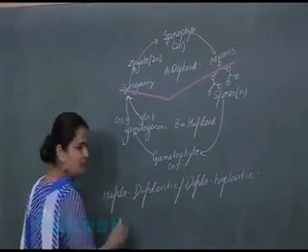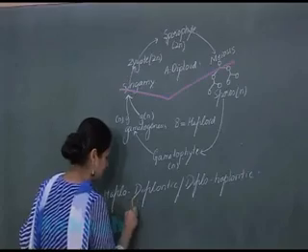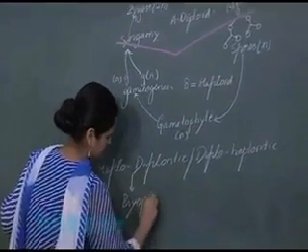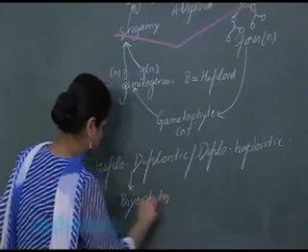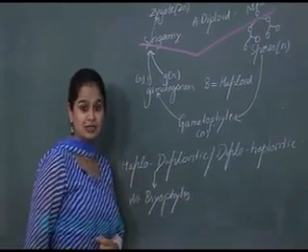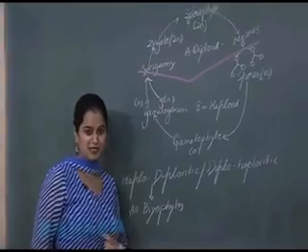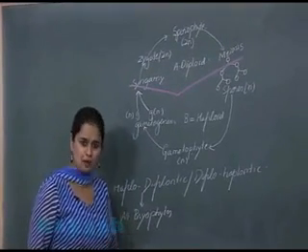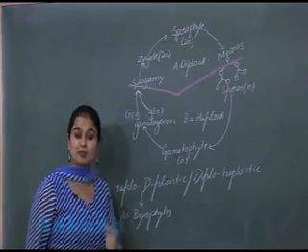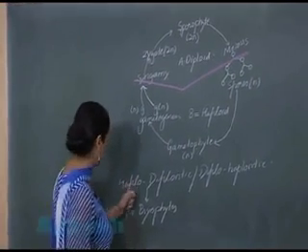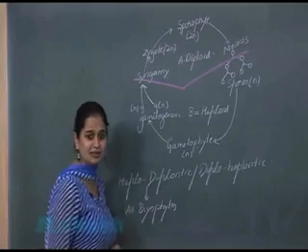The haplodiplontic life cycle is present in bryophytes. All bryophytes. In bryophytes the main phase is gametophyte, that is haploid.